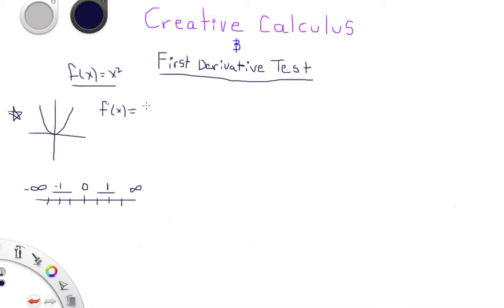To find the derivative, we're just going to use the power rule. So we'll put the 2 as the exponent up front and use the variable, and minus 1 from 2, which is 1.